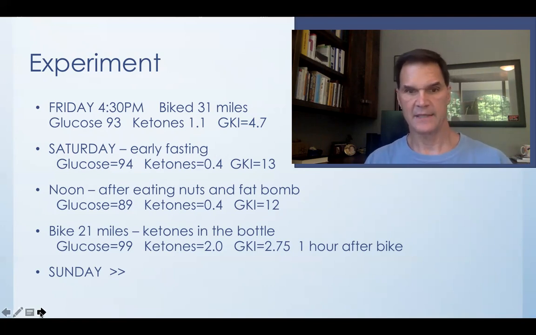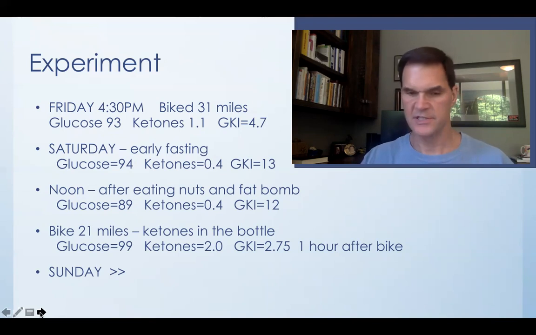So I did that. I came home, my glucose was 99. My ketones are 2.0, my GKI is 2.75, and that was taken about an hour after my bike ride. So I would expect coming off the bike that you're going to be burning calories like crazy.